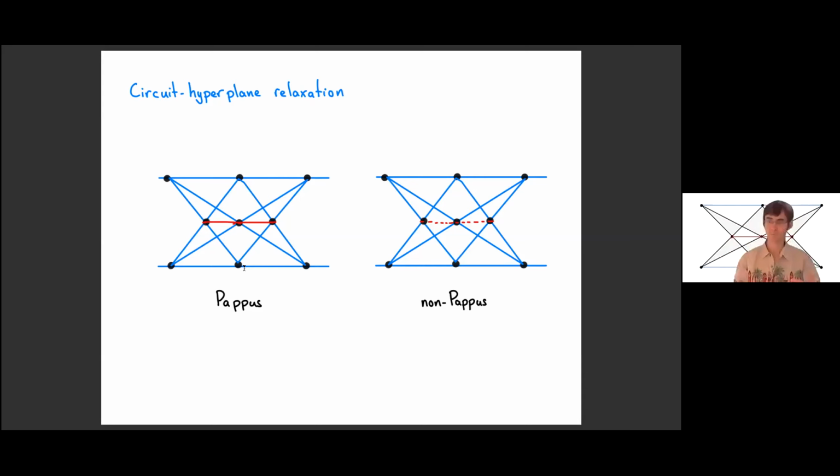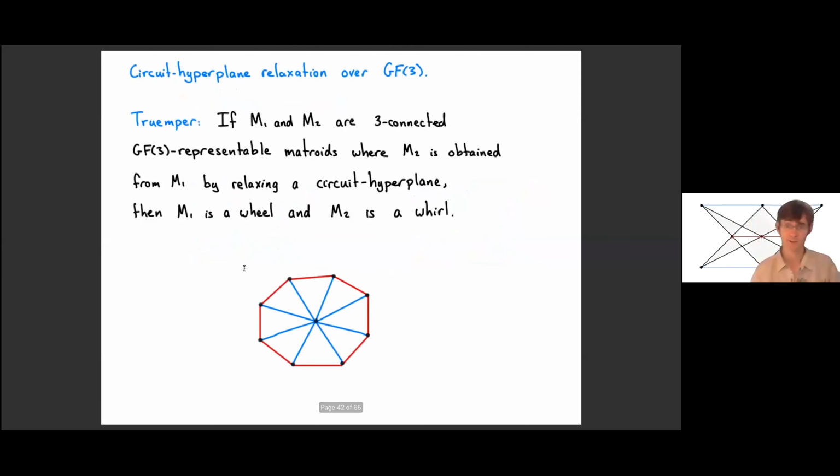So if I'm working over a small field and I relax a circuit hyperplane and I get another matroid that's still representable, the two matroids have to be massively structured. So here are a couple of examples of that. The first is a result of Truemper, who explains what's going on over GF3.